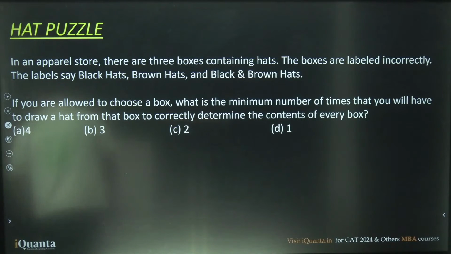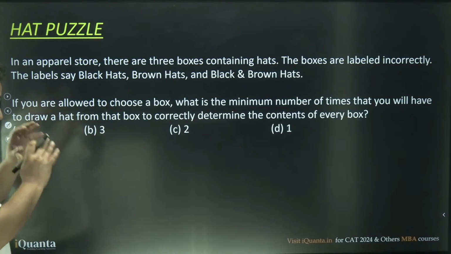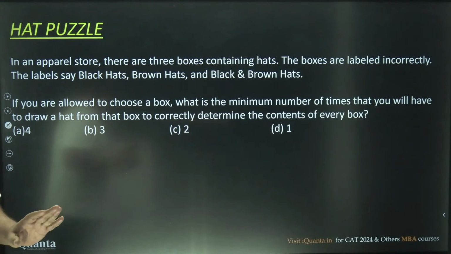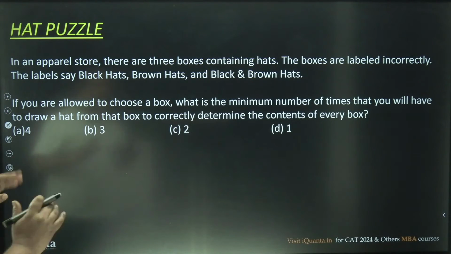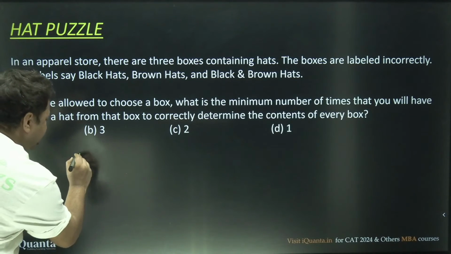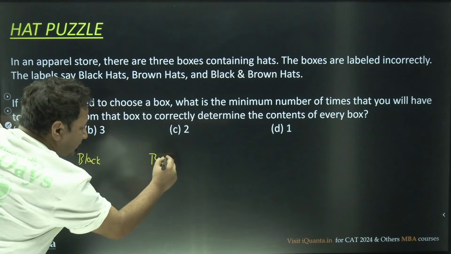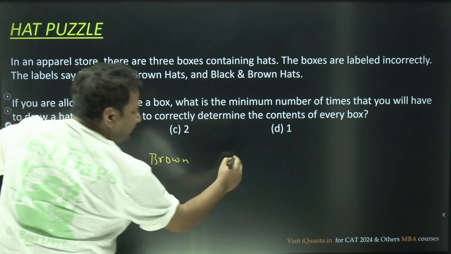The answer is 1, but let's see how. Well, let's do one thing. What is possible? That's what we have to realize. So, the labels are black, then we have brown, and then we have black and brown.